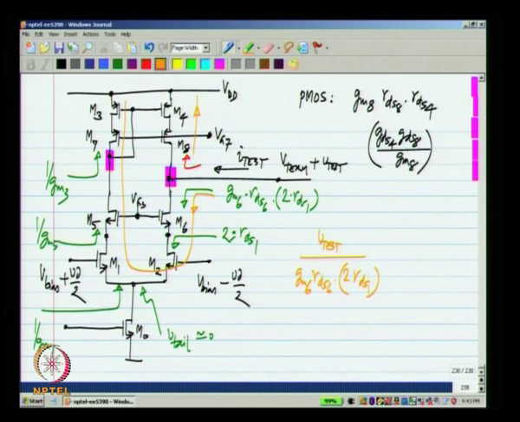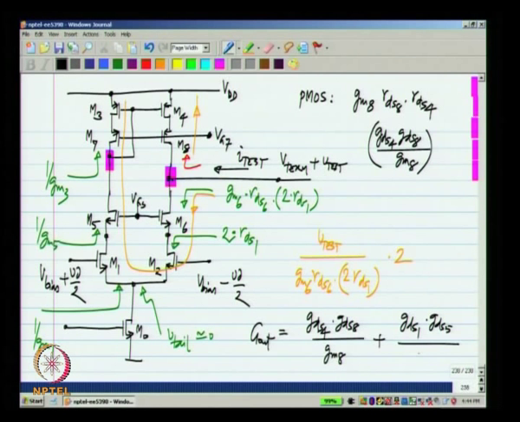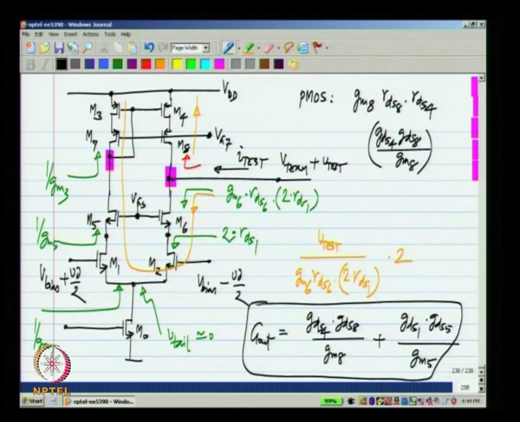So, the total current drawn will be 2 times that, half of it goes into the NMOS side, half goes into the PMOS side, and the total current including the output conductance of the PMOS transistors will give a total output conductance of GDS4 GDS8 by GM8 plus GDS1 GDS5 divided by GM5. GM5 and GM6 are the same, GDS5 and GDS6 are the same.